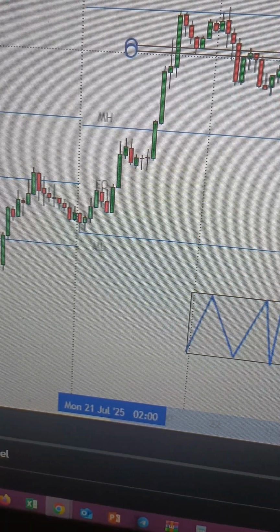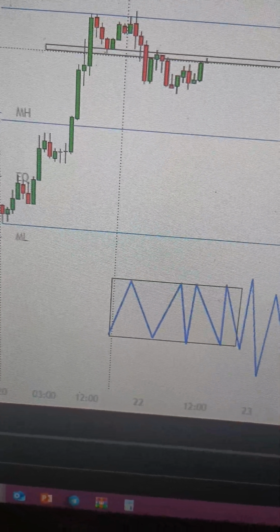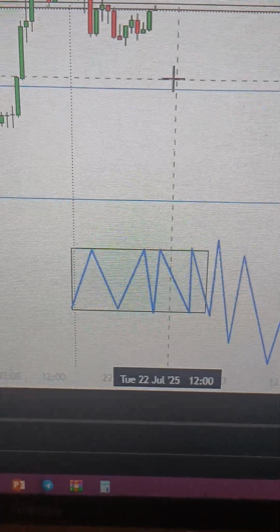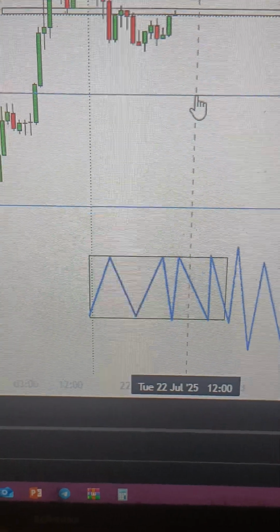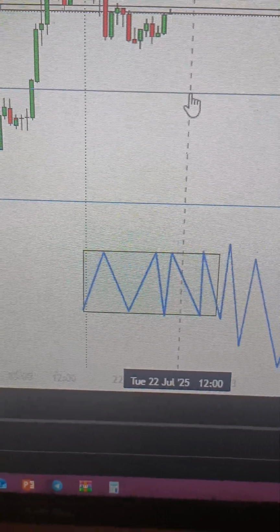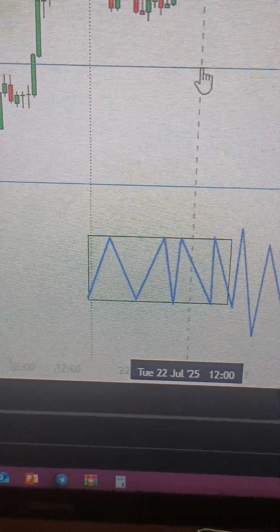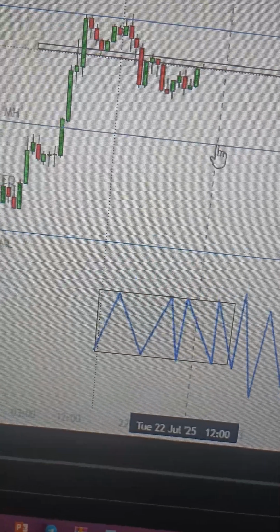For me, you know what I trade? I trade SNR. This is my zone. This would be the zone that I would be looking to sell at. The first take profit will be 50%. If it breaks 50%, I'll hold to the other side. That is the only thing you're supposed to concentrate on if you're using this Monday range, nothing else.